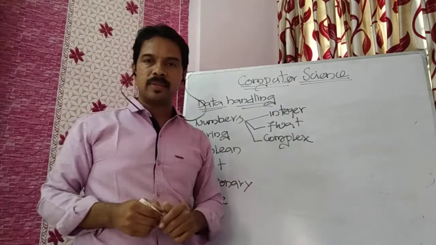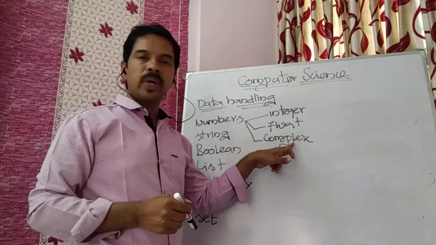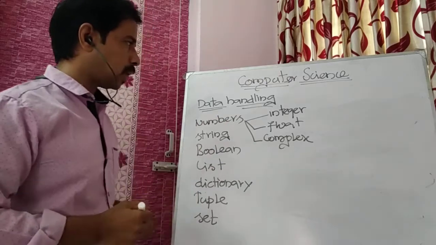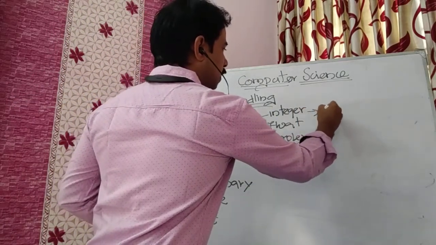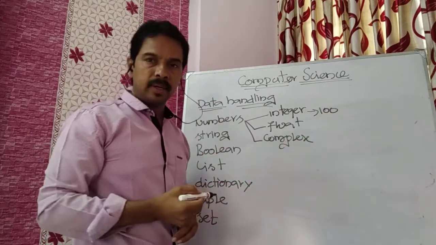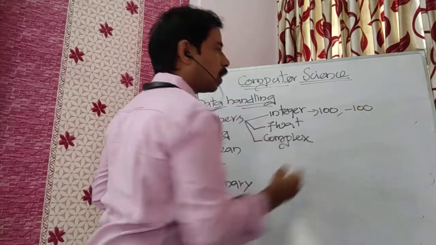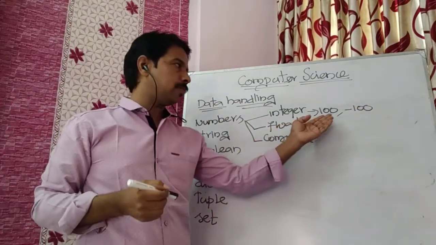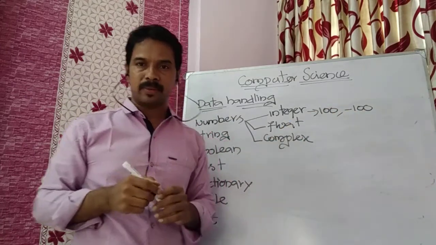The first one is integer, second one float, third one is complex. These three types come under numbers. Integer in the sense 100 is an integer. Even minus 100 is an integer. A number can be positive or negative, but whole numbers.